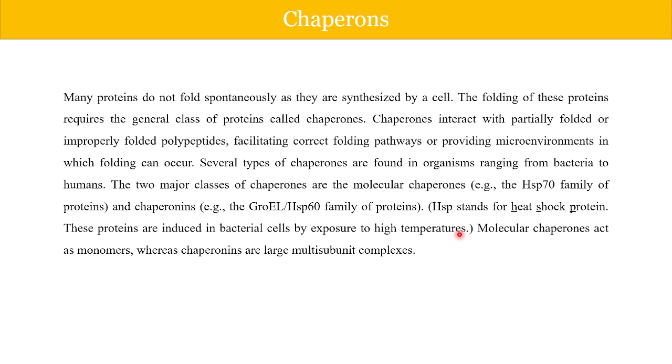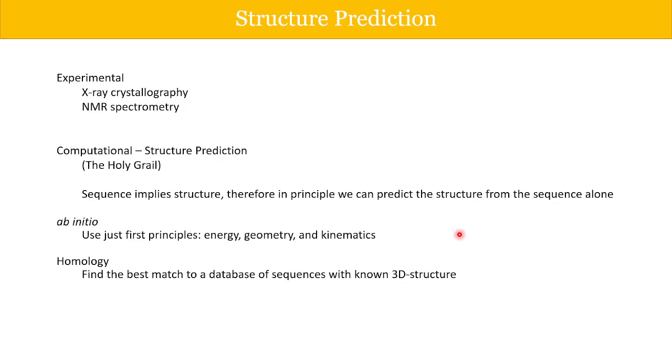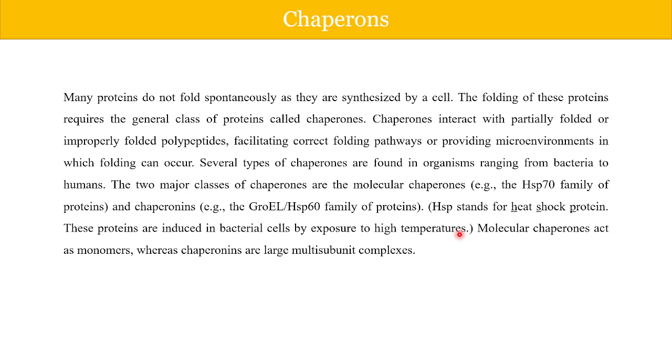These proteins are mostly active under high temperature, so we call them heat shock proteins. When they are at high temperature, these proteins become more active and allow the protein folding pathway to undergo spontaneously. So up till this much was protein folding, protein stability and all.